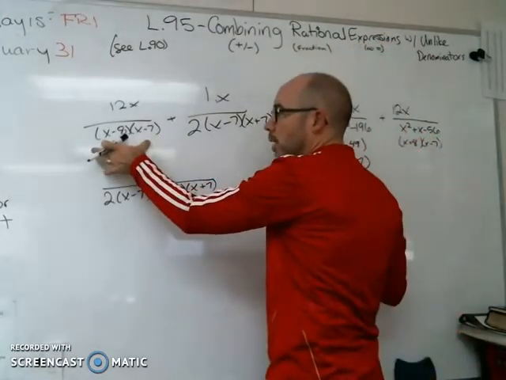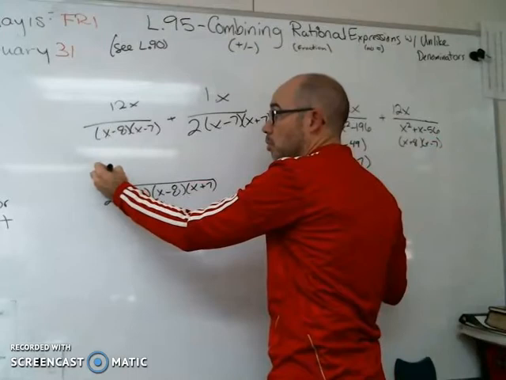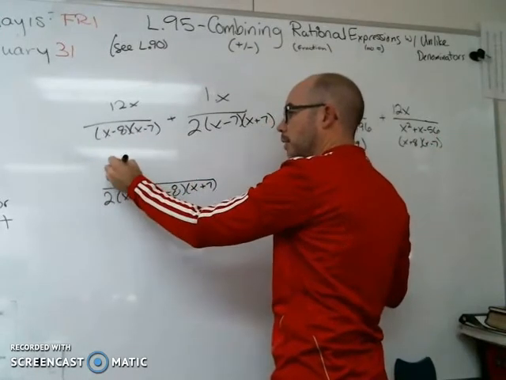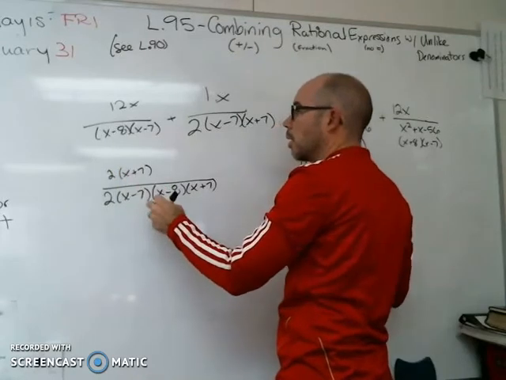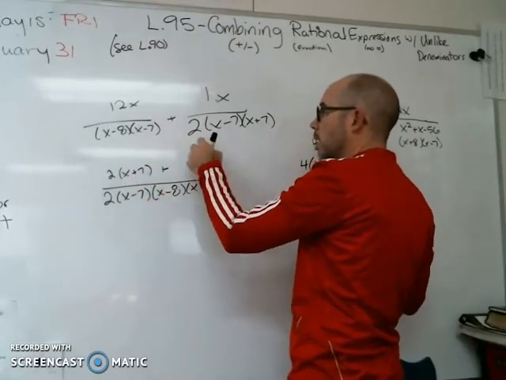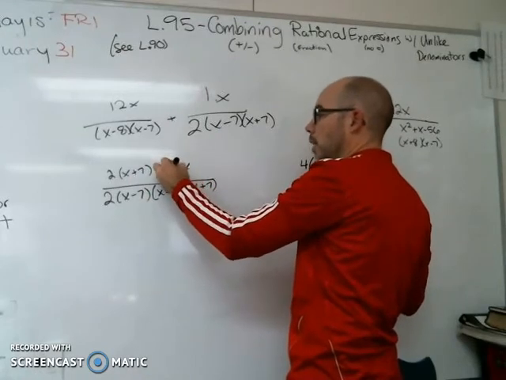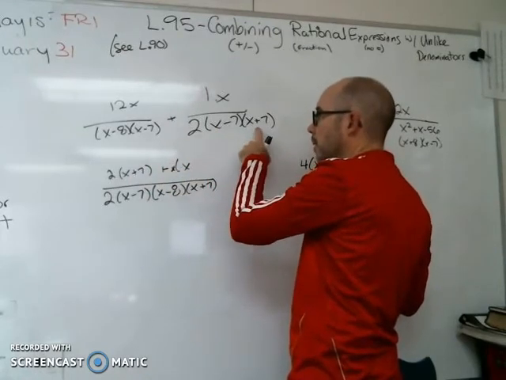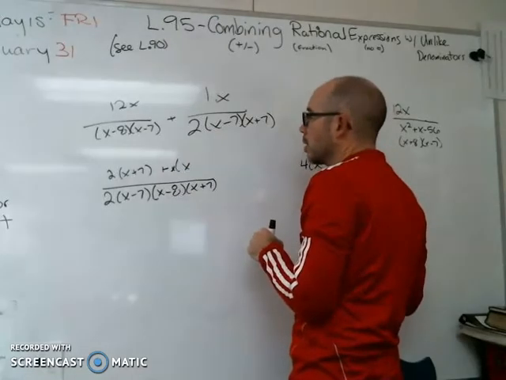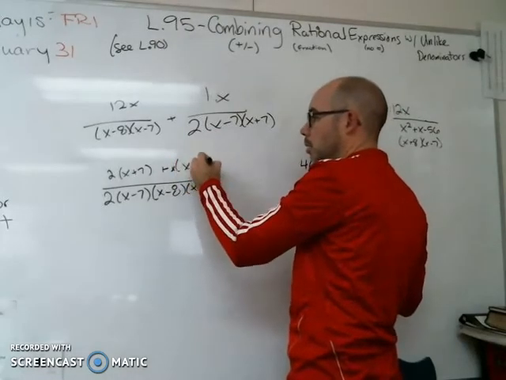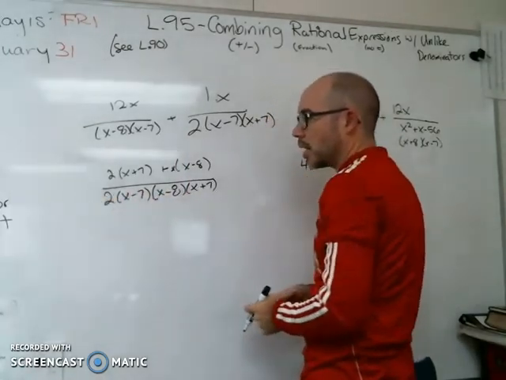The first term is missing 2, and it's missing an x plus 7. The second term is missing just an x. I have a 1x there, right? I'm missing an x minus 8. So the bottom's going to stay the way that it is.